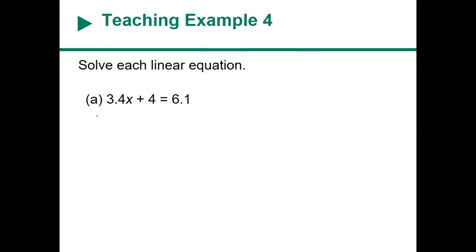How do I combine the like term? I'm going to have to subtract 4 because its like term is on the other side of the equal sign, right? So I have 3 and 4x equals 2 and 1/10. Then I'm going to divide by 3 and 4/10.